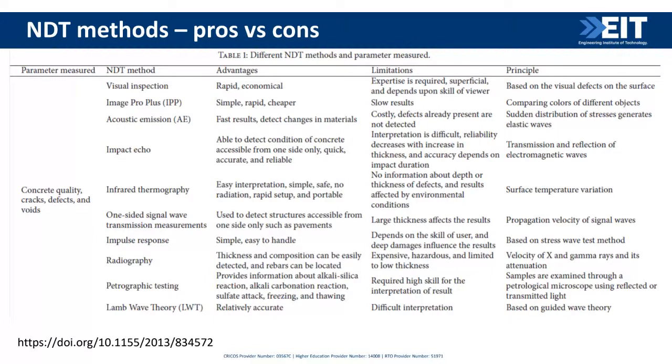For example, when we need to compare different types of non-destructive tests, how we can monitor our structures. This is a very good resource because we have very clearly here the parameter measured. For example, we have a general idea in terms of the concrete quality, cracks, defects, voids, right? And for these specific parameters, we have this variety of tests available nowadays.